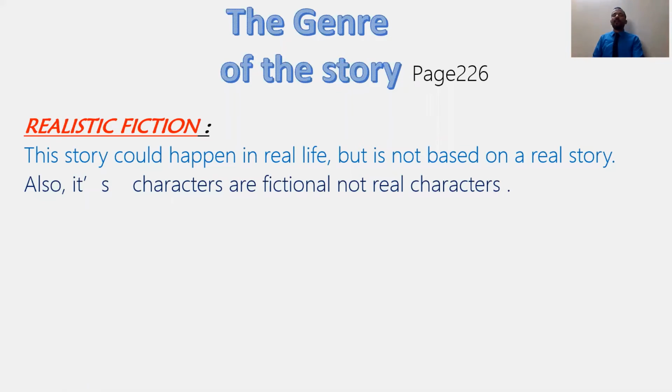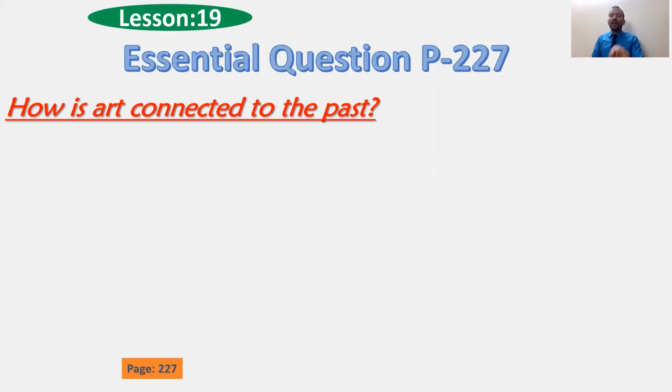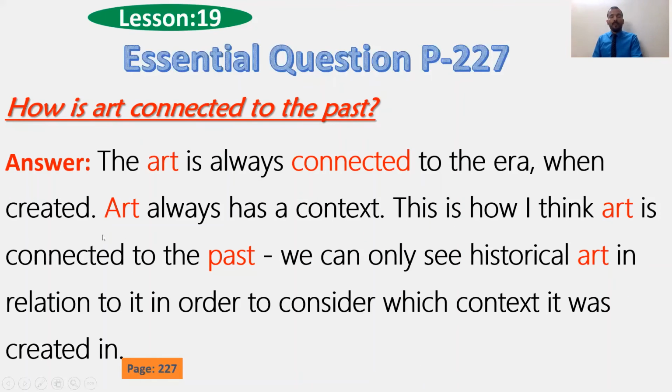Now let's go to our essential question, page 227: how is art connected to the past? Actually, we can recognize a lot of information about the past through art, through pictures. Art is always connected to an era, a time in the past when it was created.